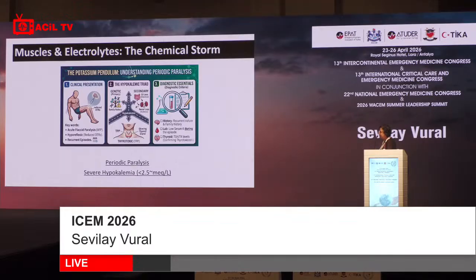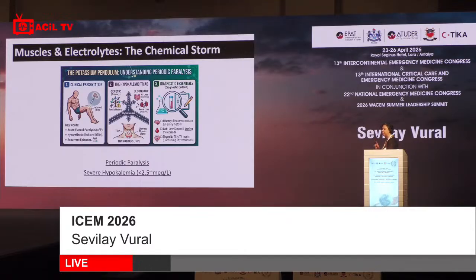Hypokalemic periodic paralysis can be seen in 3 ways in these patients. It can be primarily genetic, or secondary to GI bleeding, for example, and thirdly, thyrotoxic situations. So in these patients, we have to check their history in detail, the recurrence of the episodes, and also family history.